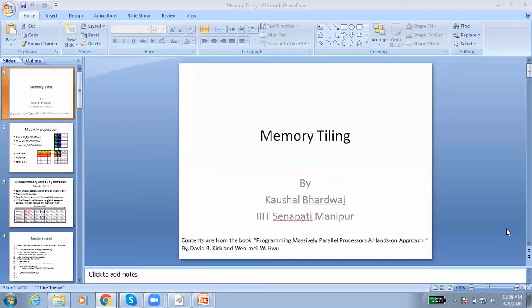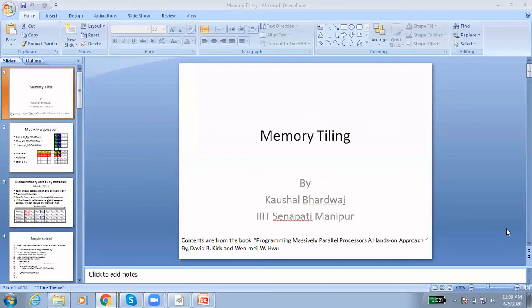So what they are suggesting is there is something called tiles. You would have heard about walls or even floors, which can be covered by tiles. Although the tiles are small, we keep multiple tiles and cover the whole floor or the whole wall.